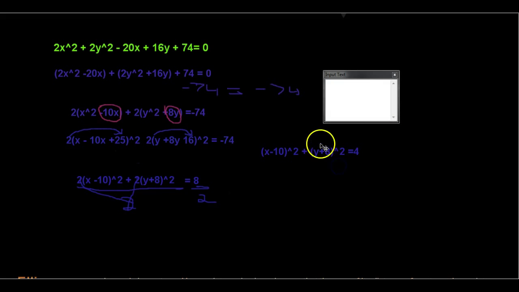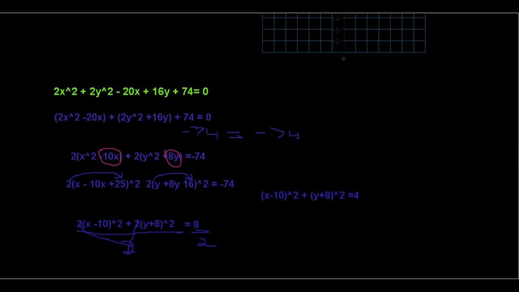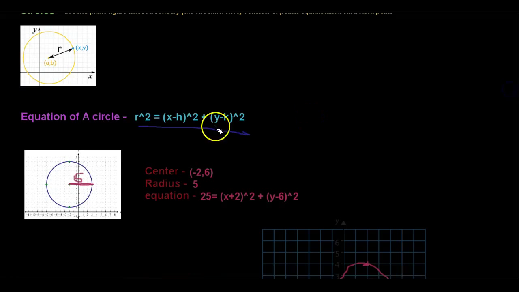Okay, and that is going to be our answer here, and we can look up here and see that it follows how we have it. The equation, we have our 4 equals our x minus 10 squared plus our y plus 8 squared.